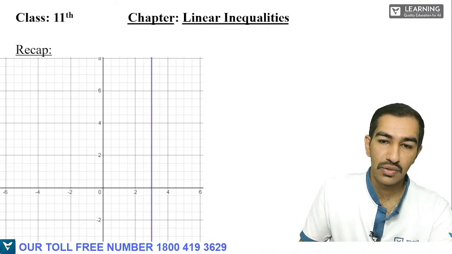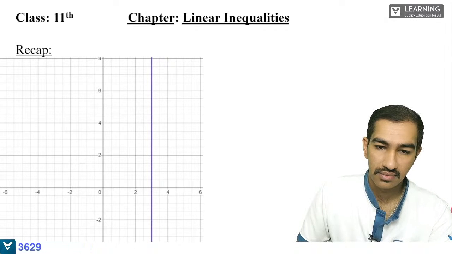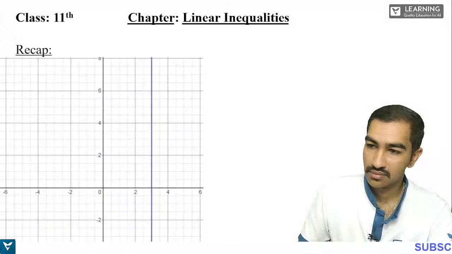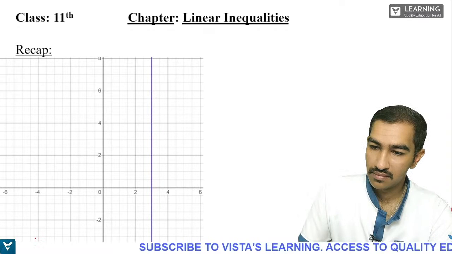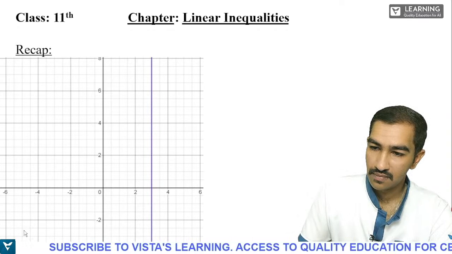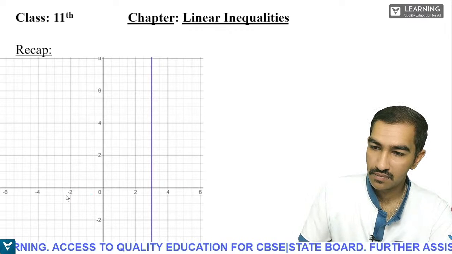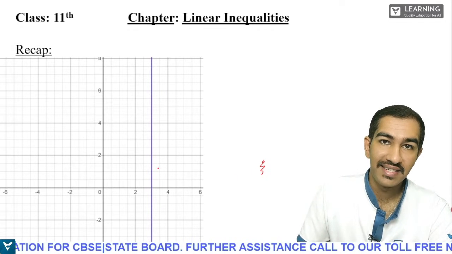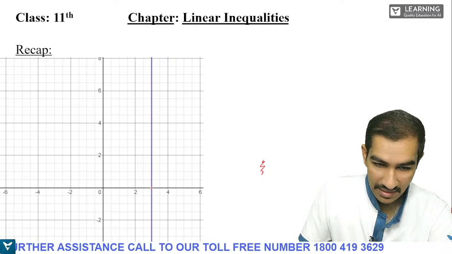Okay. So you see the graph here, students. Here, what is the value of x?